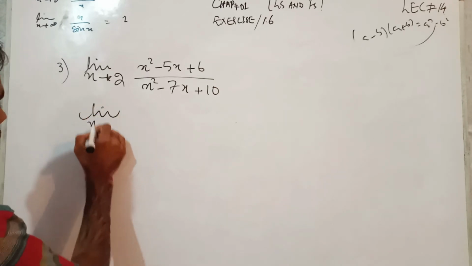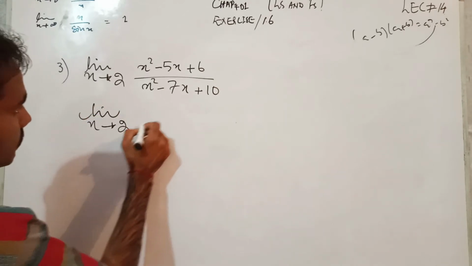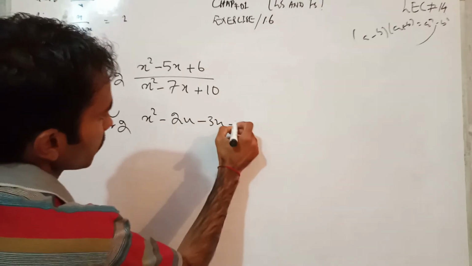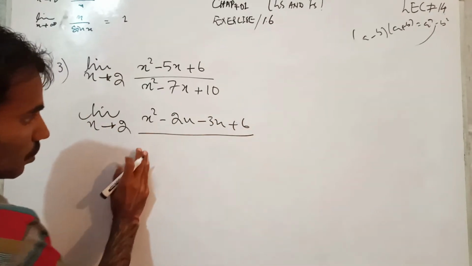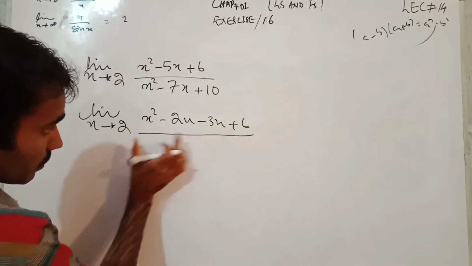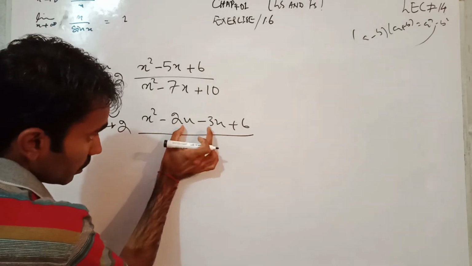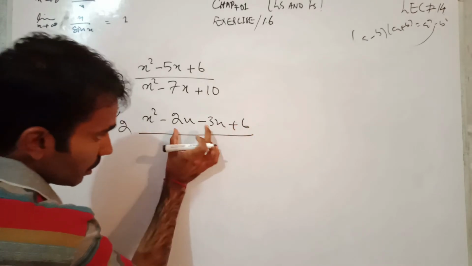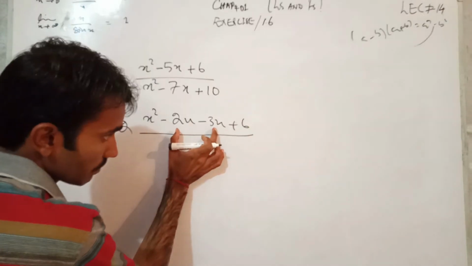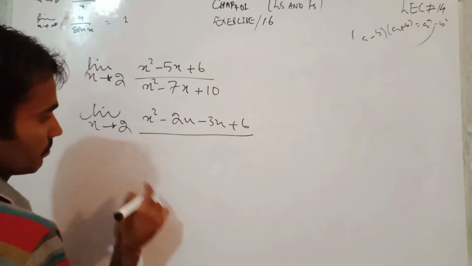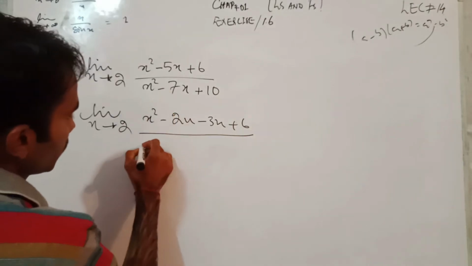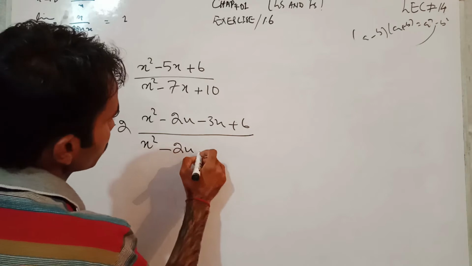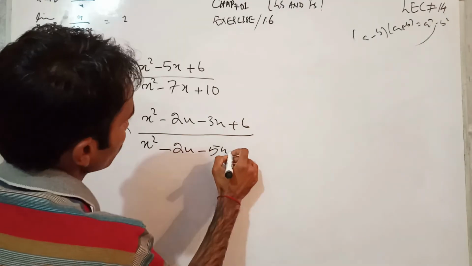So we just split the middle term: x square minus 2x minus 3x plus 6. When you multiply these two terms, it gives the last term, and when you add or subtract them, it gives the middle term. So in the denominator, x square minus 2x minus 5x plus 10.